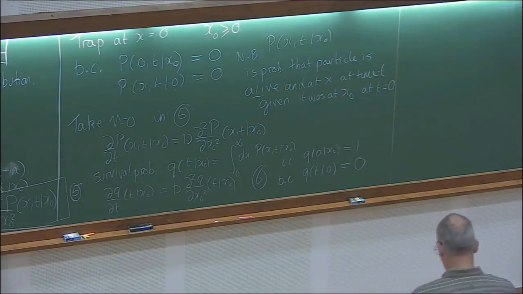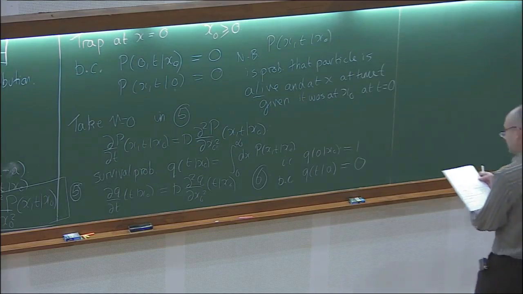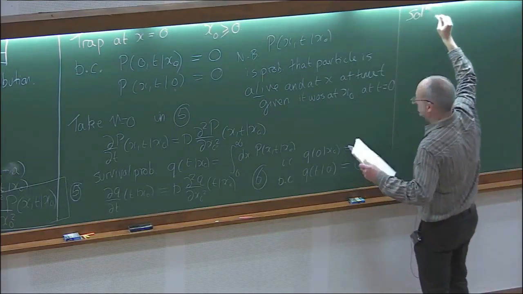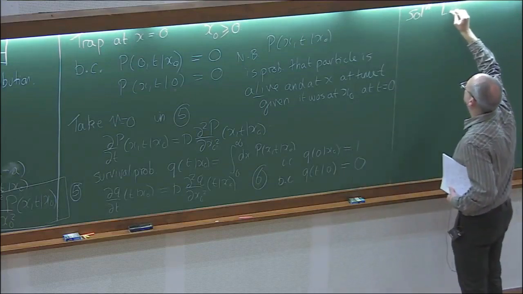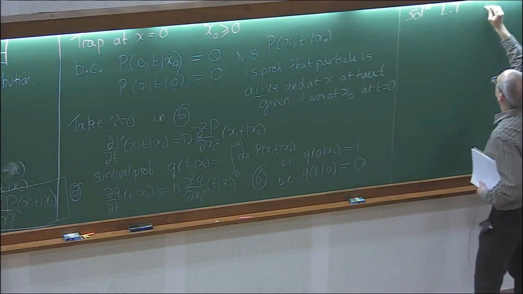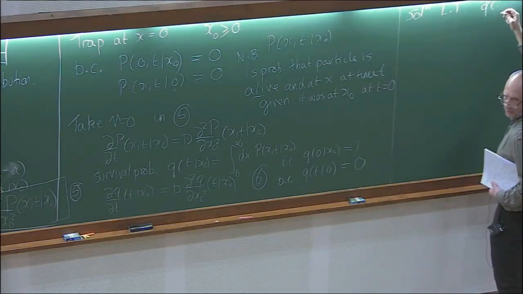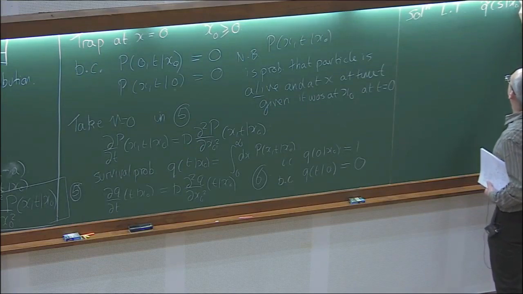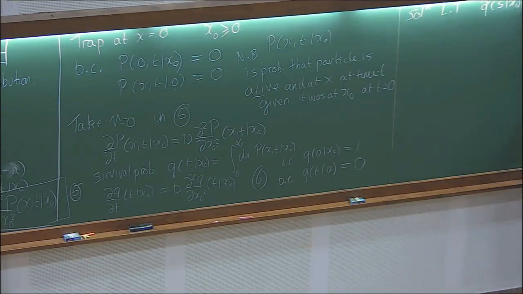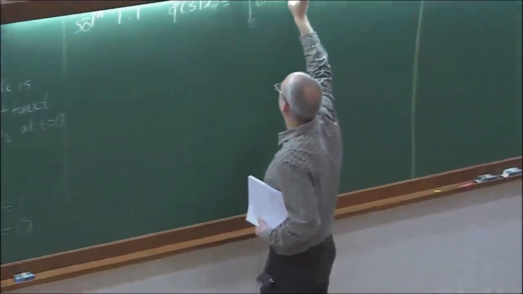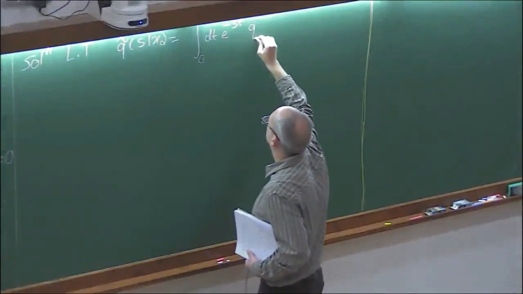So let's solve this equation. The LT is Laplace transform, and it's defined, I'll write it as Q tilde. So my variable t becomes an s. So I integrate from 0 to infinity dt, and I put an e to the minus st there, and it's q of t.